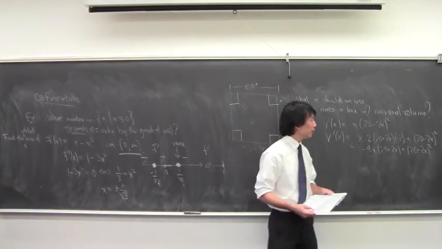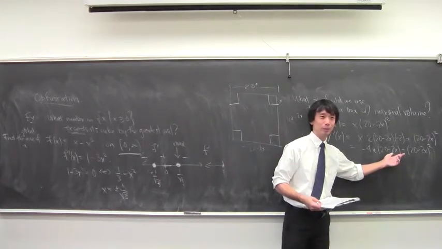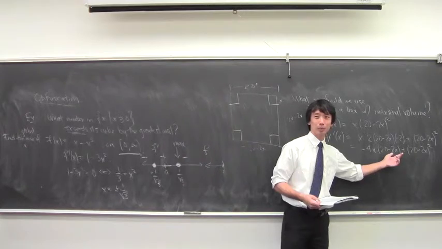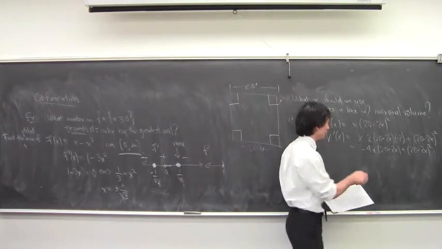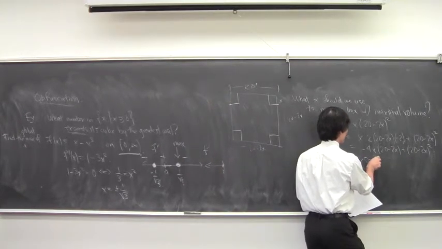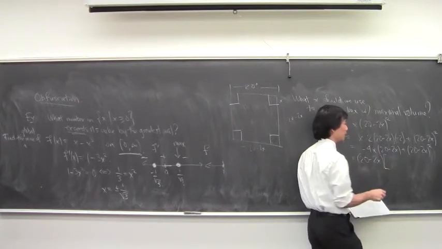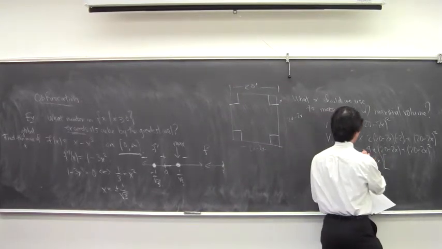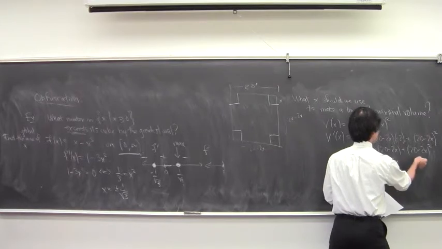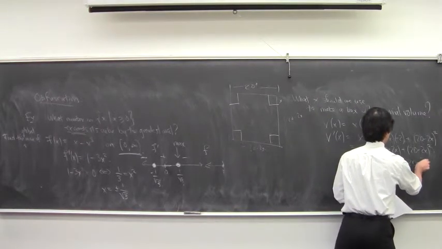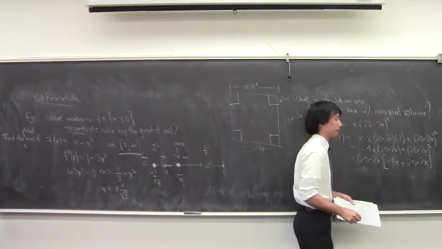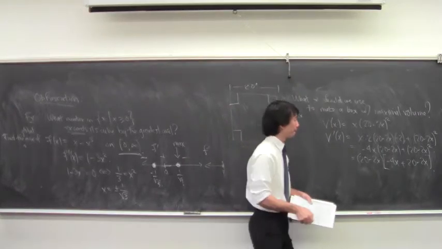Okay. At this point, what should we do? What trick should we play? Factor. Yeah, let's factor out a 20 minus 2x. Let's factor out one of the 20 minus 2x's. We're going to get here negative 4x, and we have here a leftover 20 minus 2x. Right.